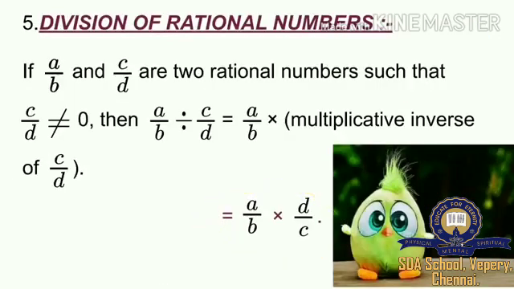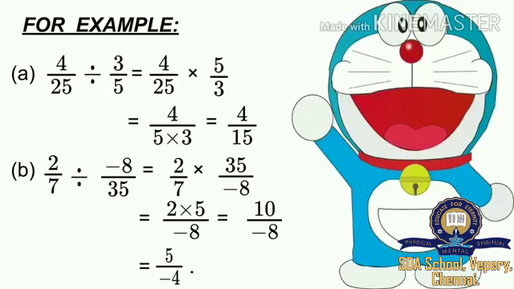This is the form for division of rational numbers. If you learn some examples, you can easily remember this. For example, 4 divided by 25 divided by 3 divided by 5. We already saw that in division of rational numbers, the second one, C divided by D, will be the reciprocal, like D divided by C. Here you can see 4 divided by 25 into 5 divided by 3. 3 divided by 5 is changed to its reciprocal, 5 divided by 3.